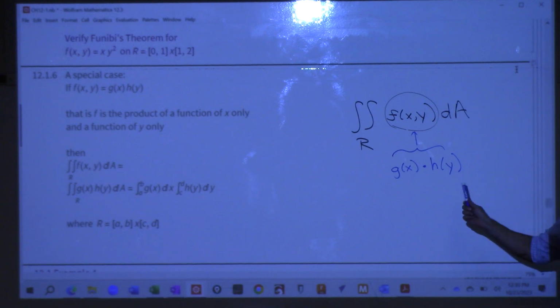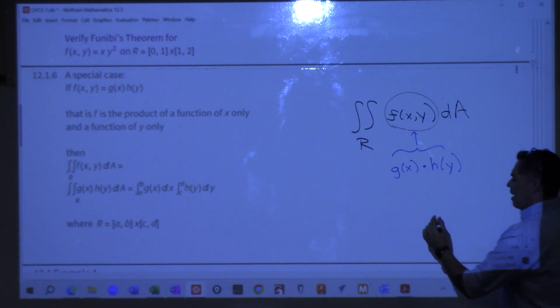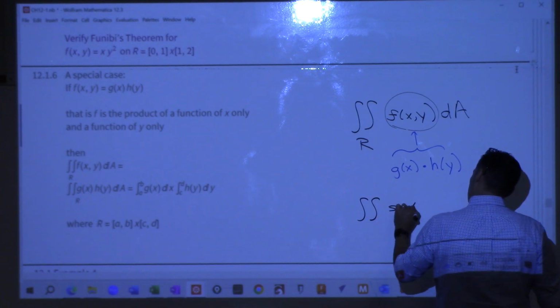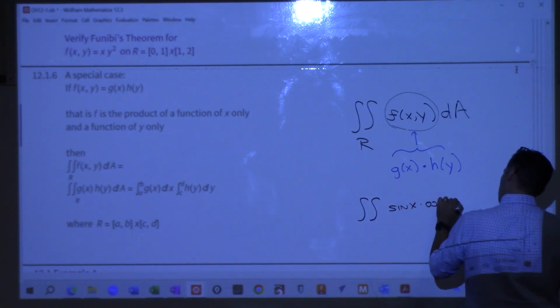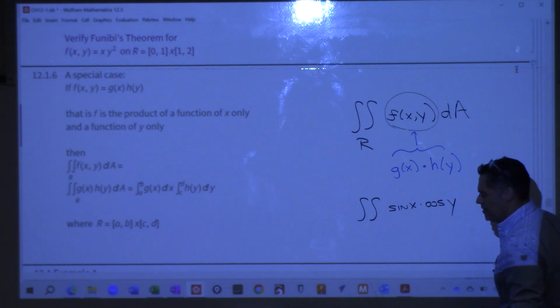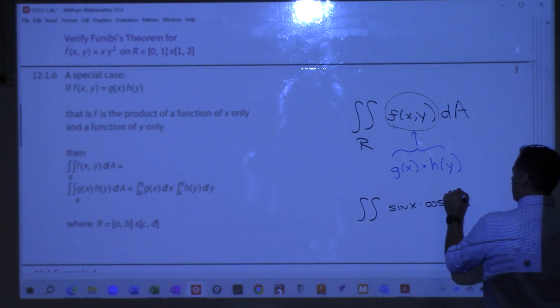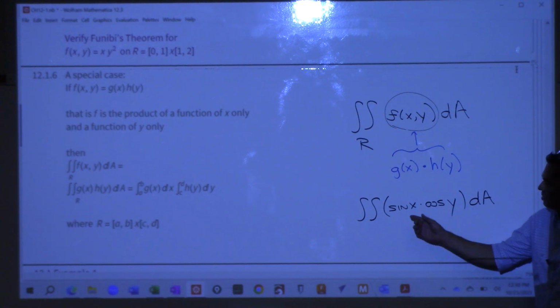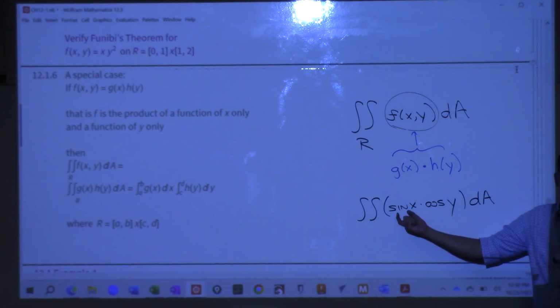I want to give you an example right now so you can see it. So let's say we're trying to do this, dA. Do you see that this right here by itself is just some function of x?